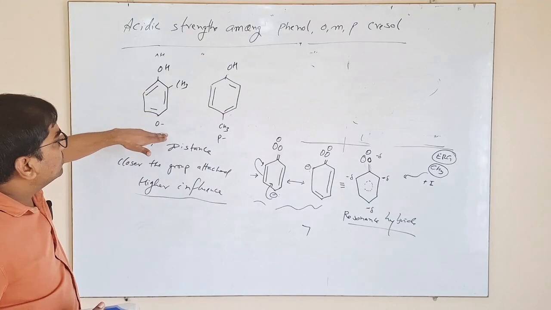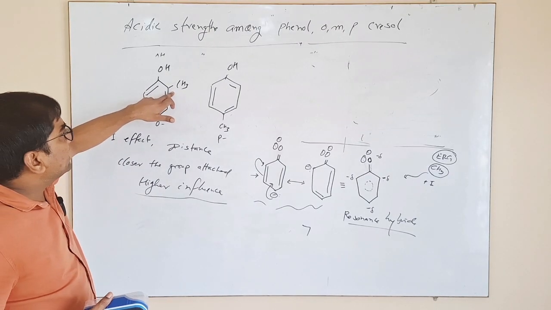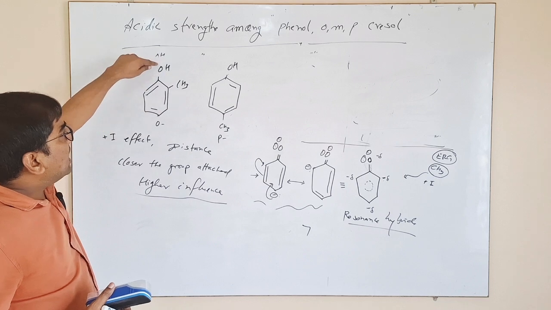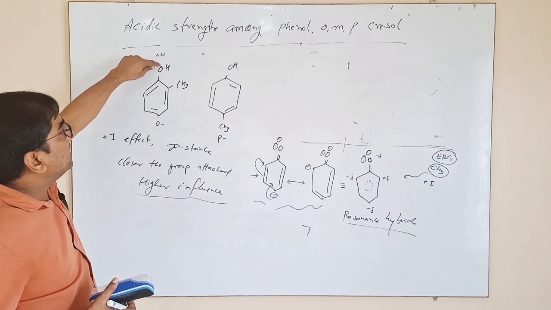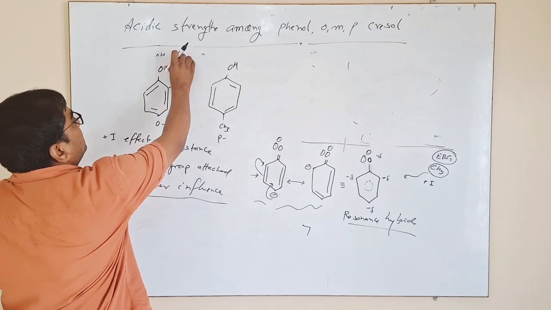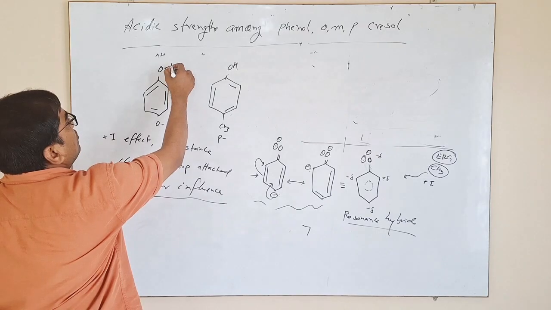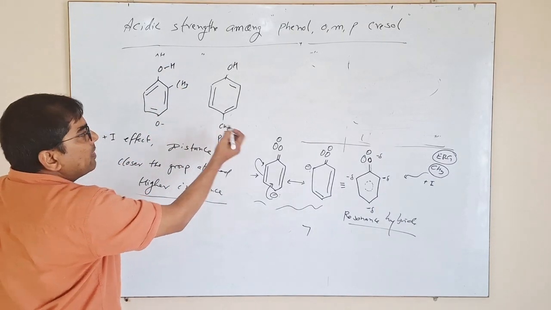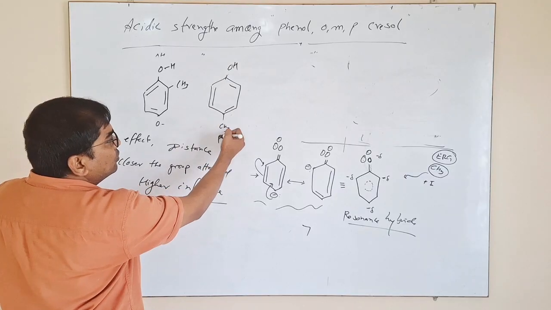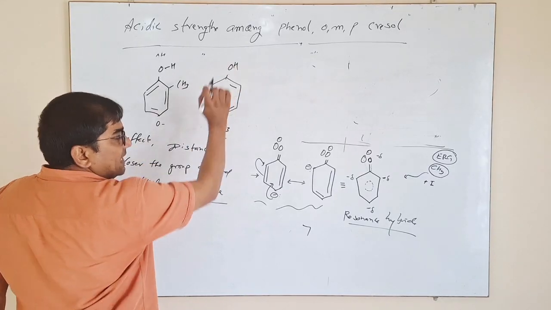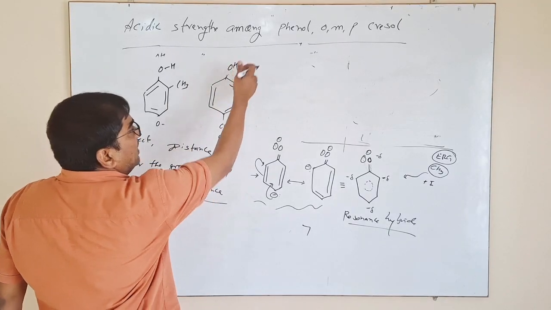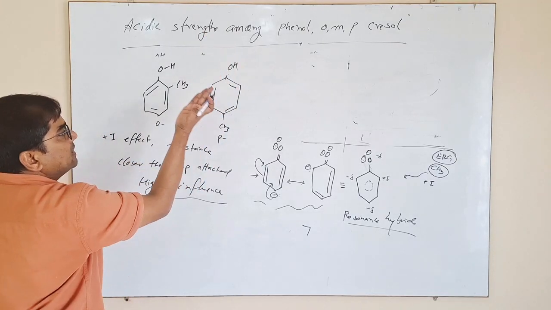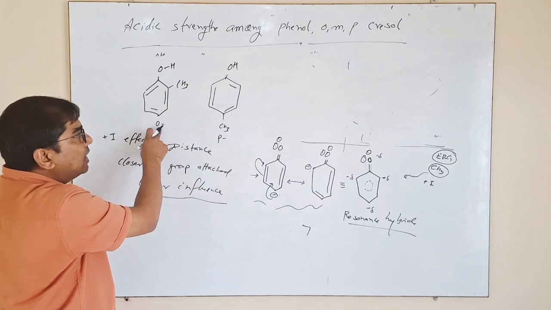Since in ortho the methyl group is attached close to the OH, it provides higher electron density at oxygen, which results in a stronger OH bond as compared to para. Para is just opposite to the oxygen attached and it provides less electron density at oxygen as compared to ortho.